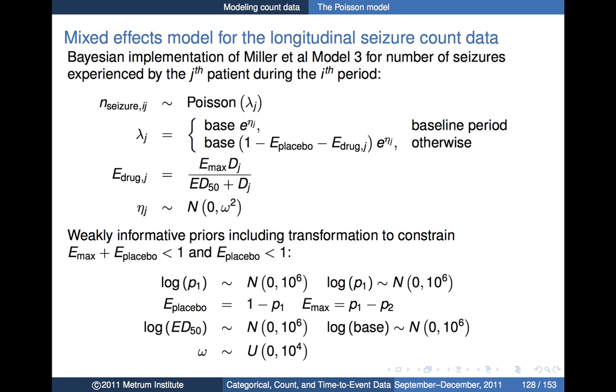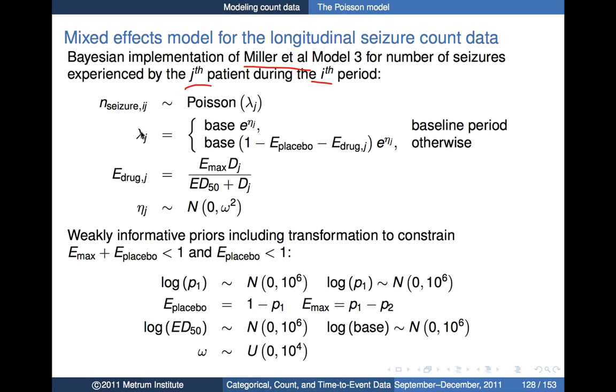And so let's take a look at a model. This is really a Bayesian implementation of one of the models reported in the Miller et al. paper. Our data is going to be the number of seizures in a 4-week period experienced by the jth subject in the ith period.